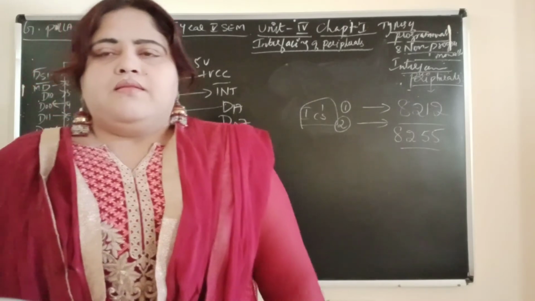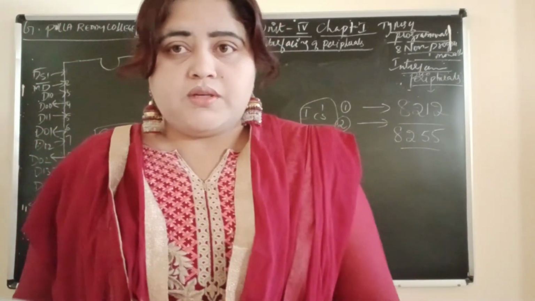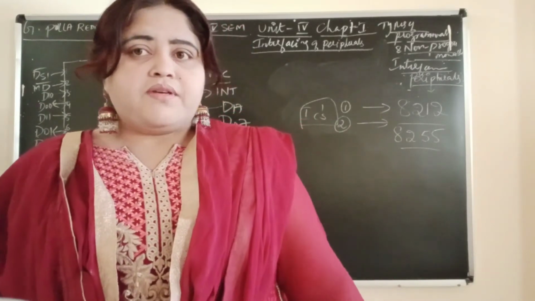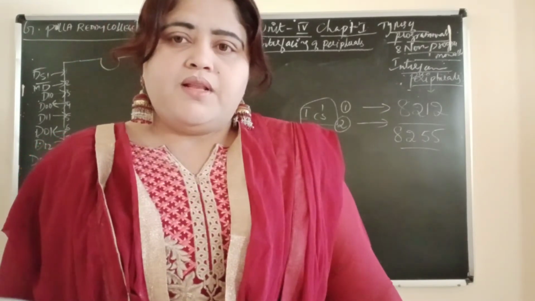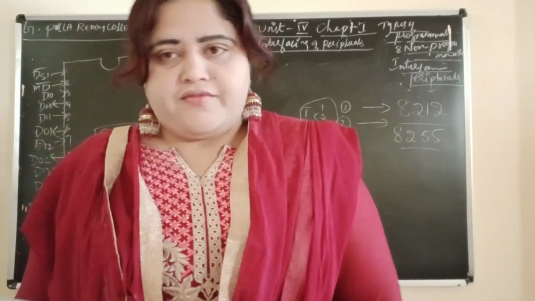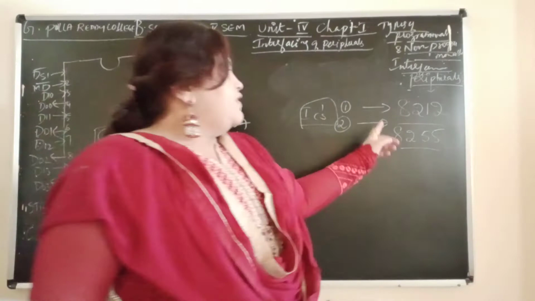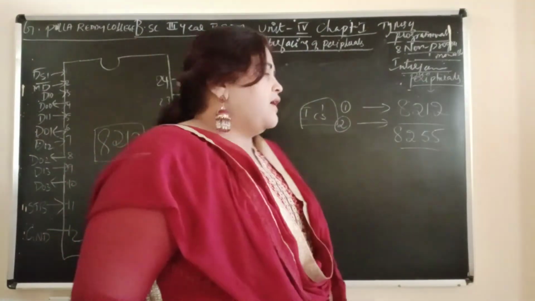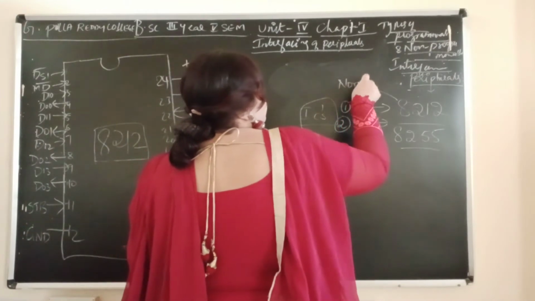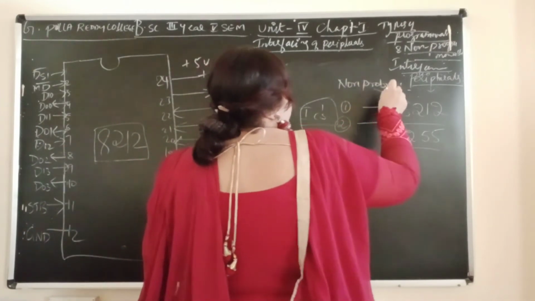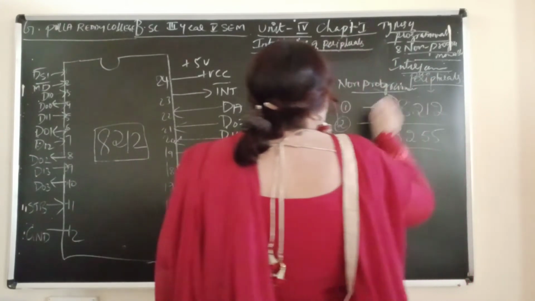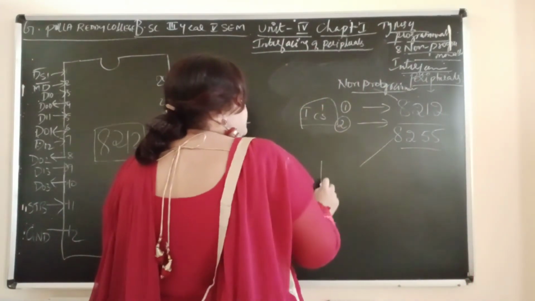Now the first and most important thing about these ICs: what is the chapter name? Types of programmable and non-programmable interfacing peripherals. So out of these two ICs, this IC is non-programmable and this IC is programmable.